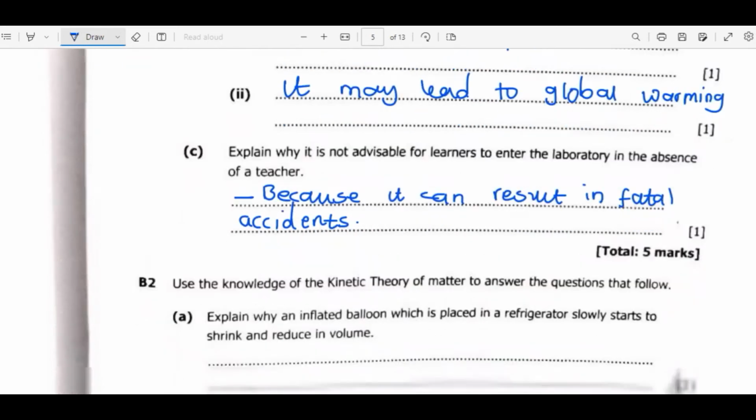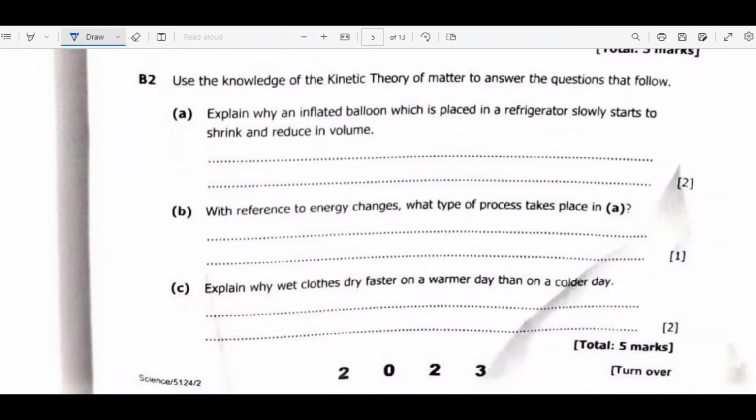Okay, we move on to question 2. Use the knowledge of kinetic theory of matter to answer the questions that follow. Question A. Explain why an inflated balloon which is placed in a refrigerator slowly starts to shrink and reduce in volume.